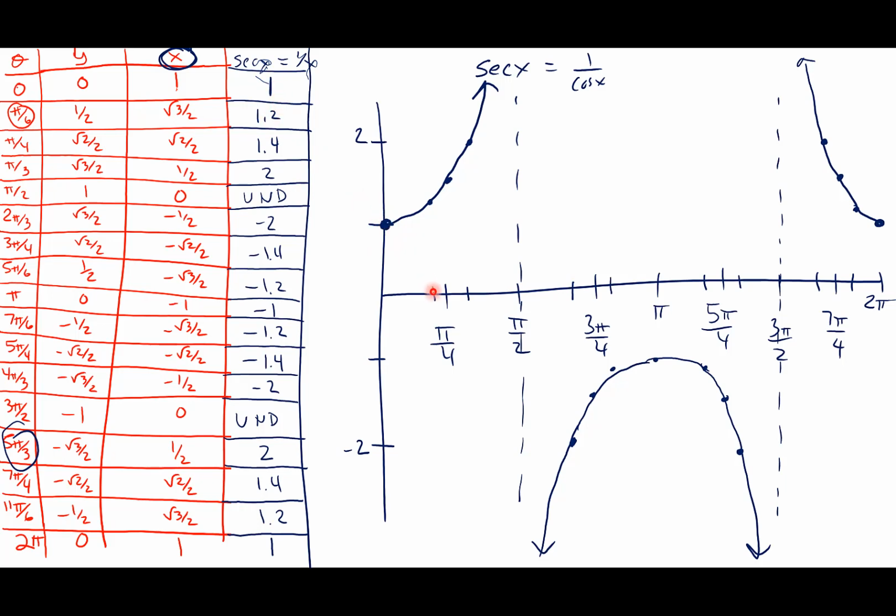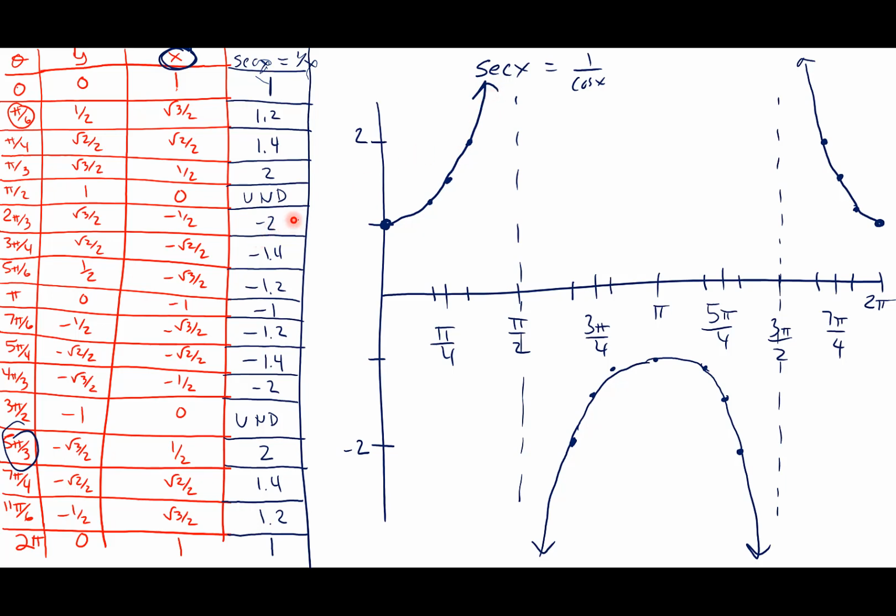And at pi over 6, which is kind of close to pi over 4, we're going to graph this guy at 1.2. At pi over 4 at 1.4. At pi over 3, we're going to graph at 2, and then at that point it stops, right? Because there's no other dots up till pi over 2. So as we connect them, we know we're going to have a break in our graph, and there's my graph right there.